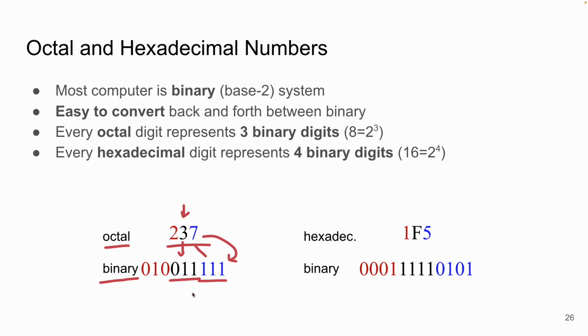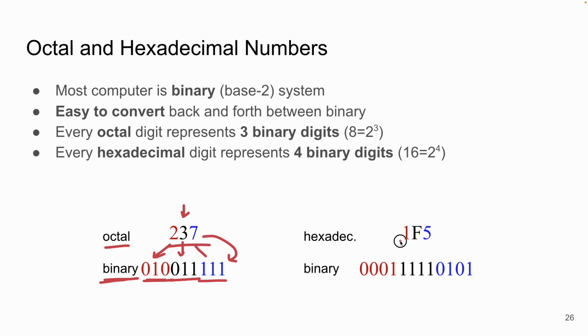So 0, 1, 1 is 1 plus 2, so that is 3. And we can expand the final digit in the octal number into 3 digits in the binary number, that is 0, 1, 0. So you can see that converting between octal and binary is pretty easy, right?